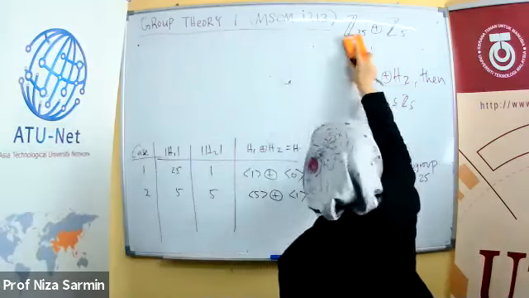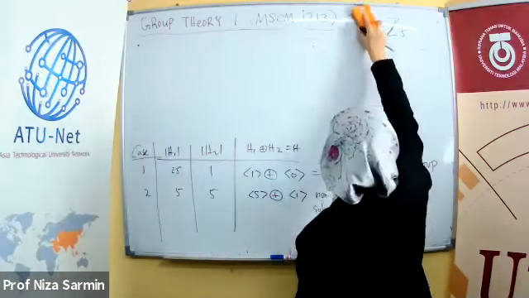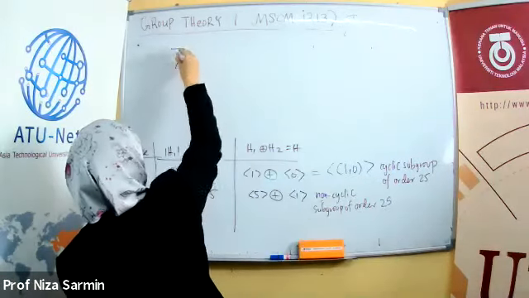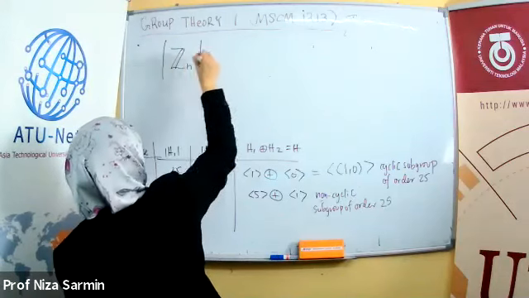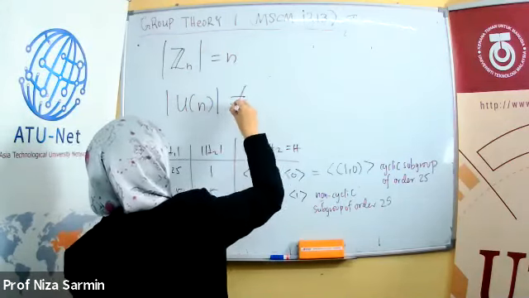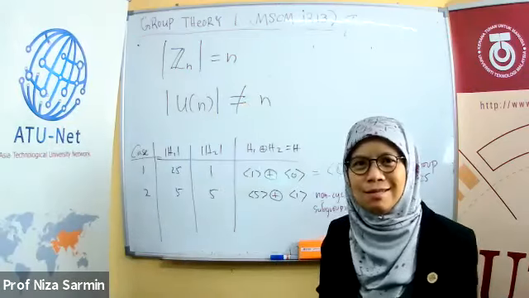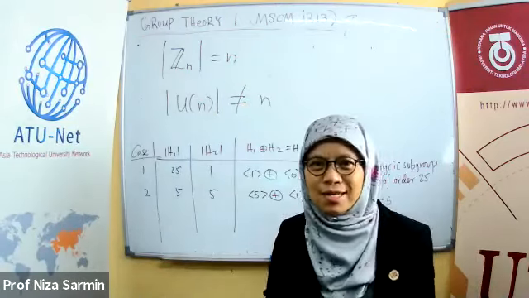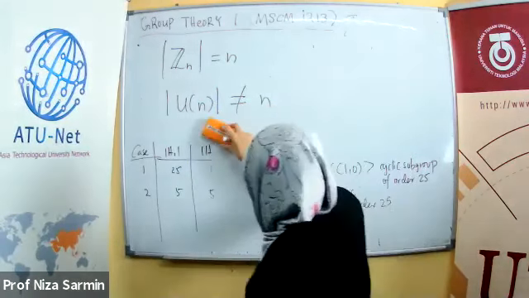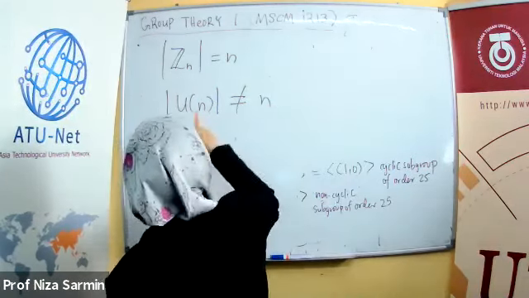Okay, I mentioned that for Zn, the order is n, but for Un, it's not n, right? There is no formula. So in the last session, we want to try to find the order of Un.